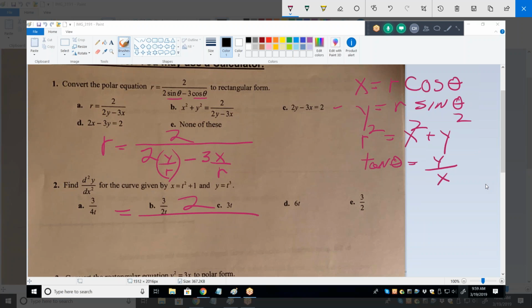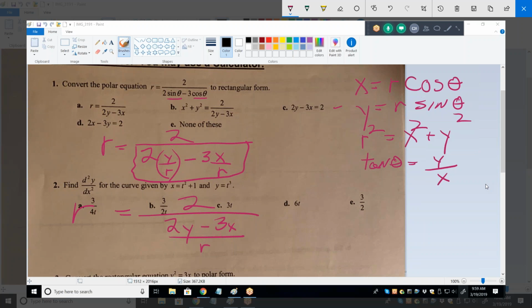Just operate on the numerator. So it would be 2y minus 3x over r. I have 2 fractions with a common denominator, so it's going to be 2y minus 3x all over r.